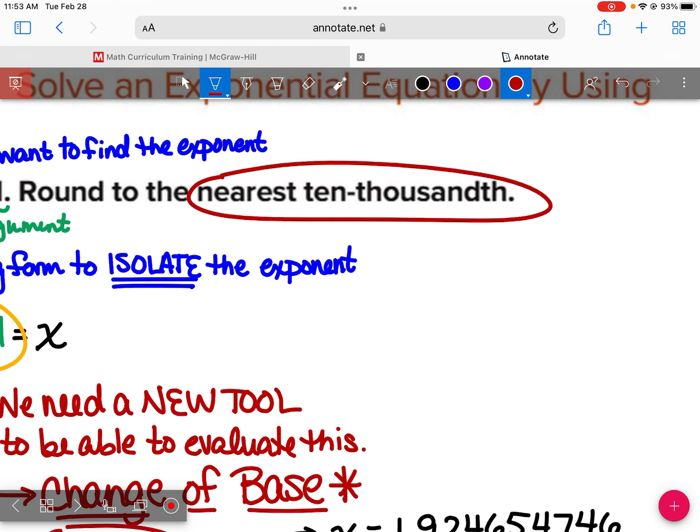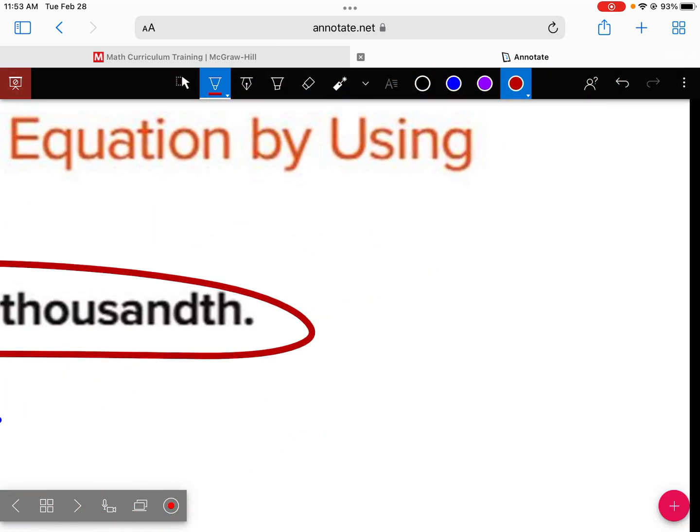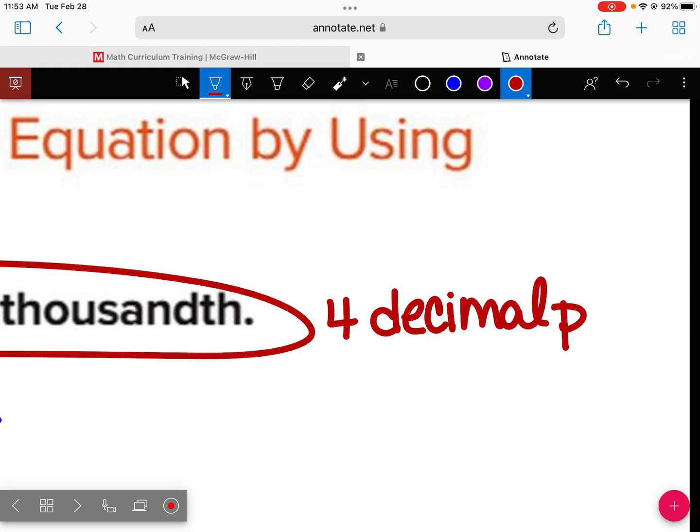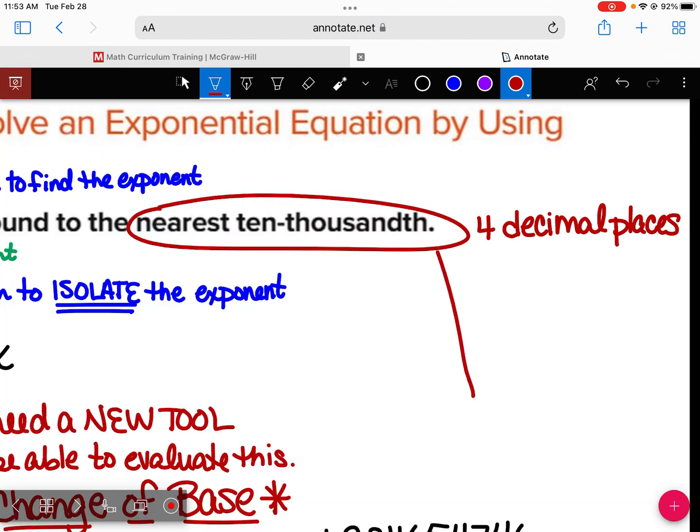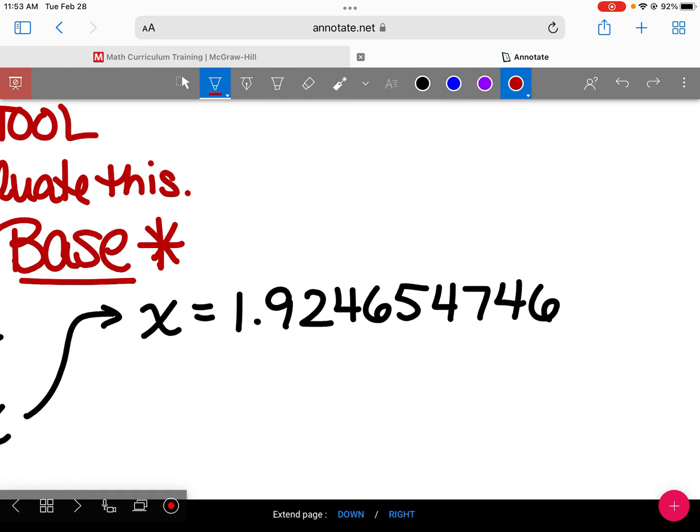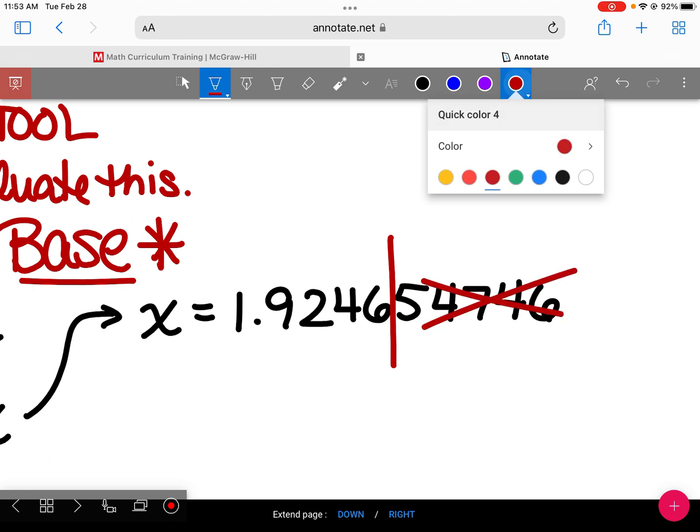Does anybody remember from the other page? 10,000 is how many places after the decimal? 4. 4 decimal places. All right, so I count over 1, 2, 3, 4. That would chop it off right here. I get to throw this out. Do I round up or no?